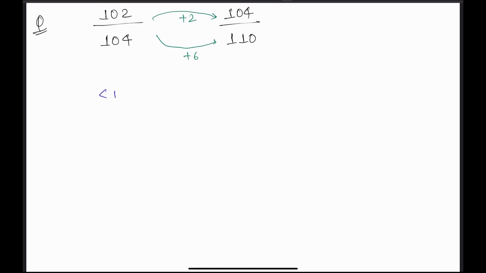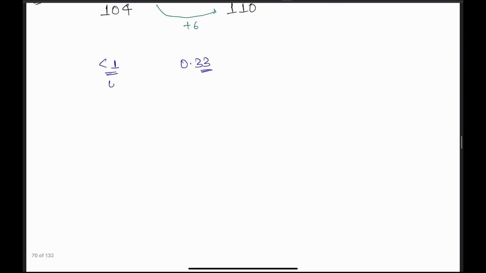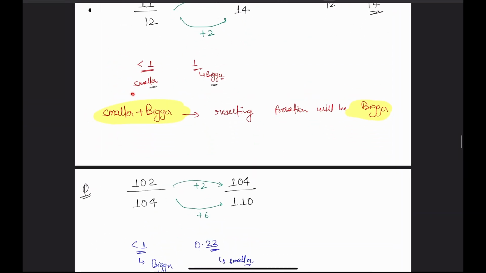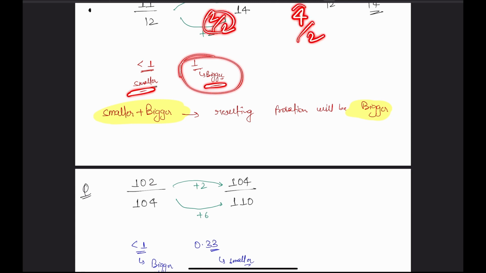Okay, and let's just try to find out 102 and 106. This is less than 1, right? Or we can find the value as something like 0.9. But 2 by 6 is what? 1 by 3, that is 0.33. In this context, this is bigger, and the added value is smaller. In the previous one, in the smaller we added the bigger number, that is 2 by 2. It could be 4 by 2 also, 4 by 2 is 2, it is still more than this one, right?